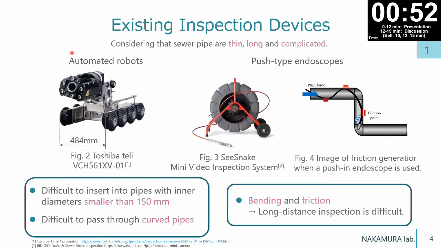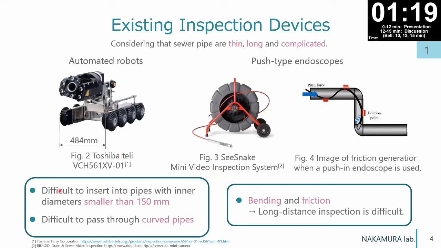Pipe inspection is performed using camera images obtained by special devices. Existing special devices include automated robots like figure 2 and the push-type endoscope like figure 3. However, considering that sewer pipes are thin, long, and complicated, the devices have problems.